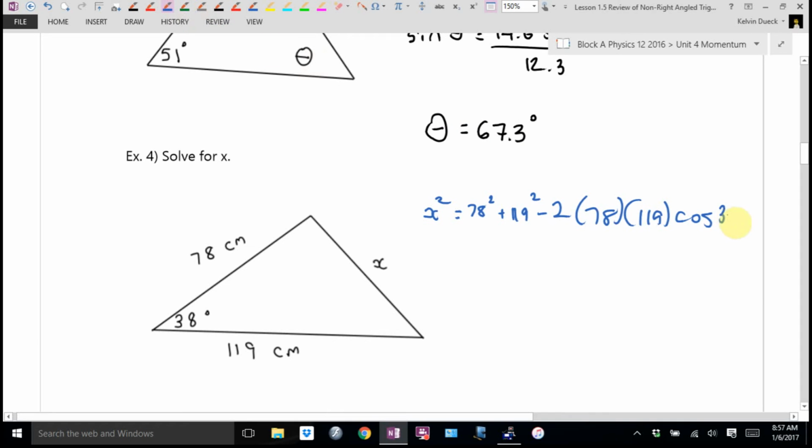So I've never actually, quote unquote, memorized the cosine law formula. I just know I do the bookends in my head first, and then it's squared minus 2 times cos. Don't forget to square root. What do you get?